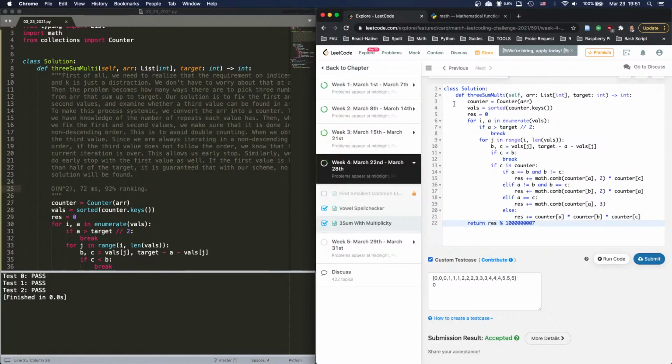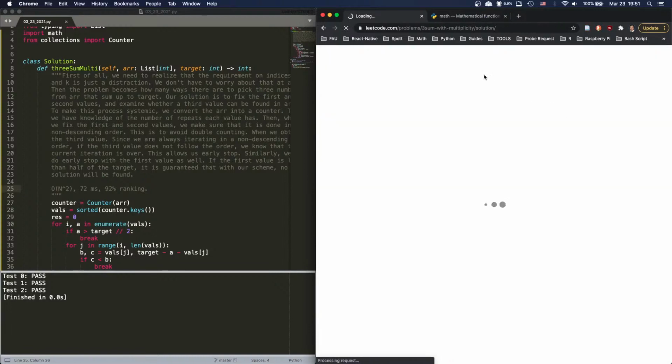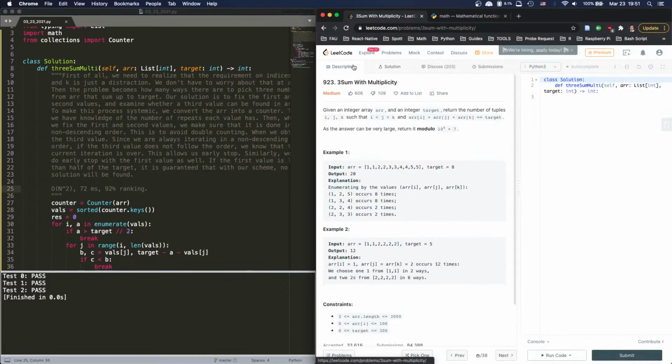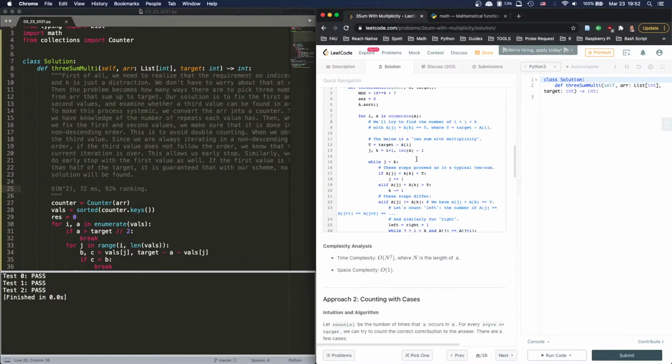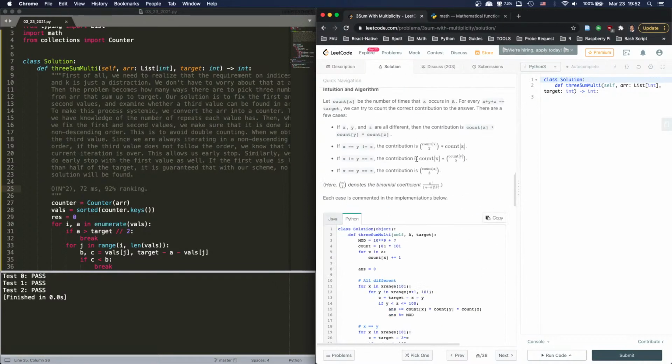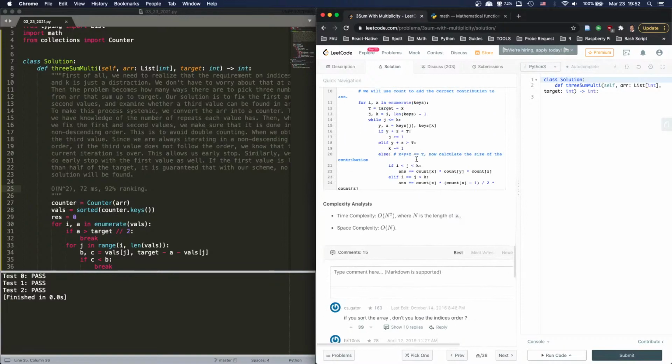Okay. All right, now let's take a look at the solution. This is a medium question, definitely. It's a typical, normal medium question. Let's look at the solution. 3 pointers, counting cases, adapt from 3 sum.